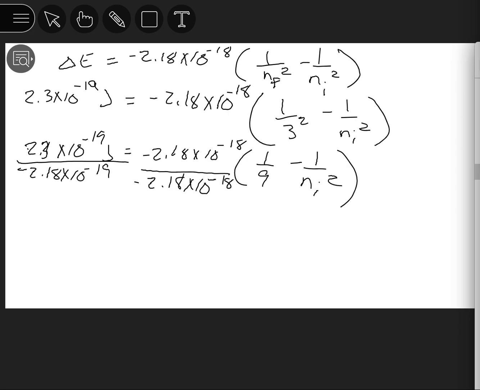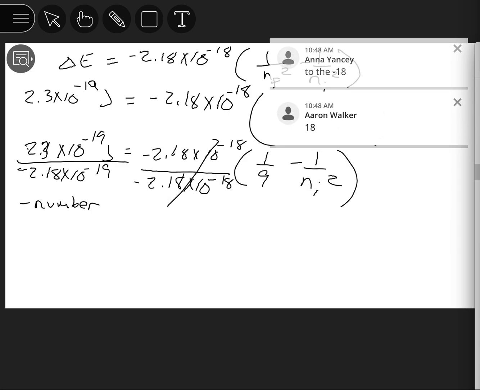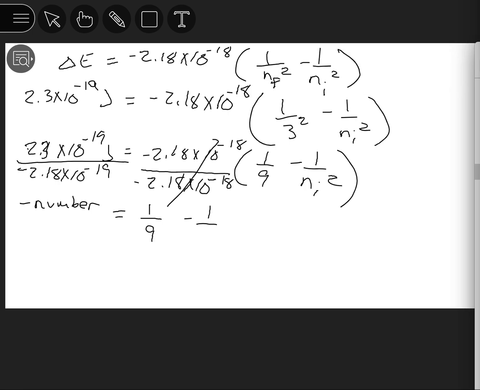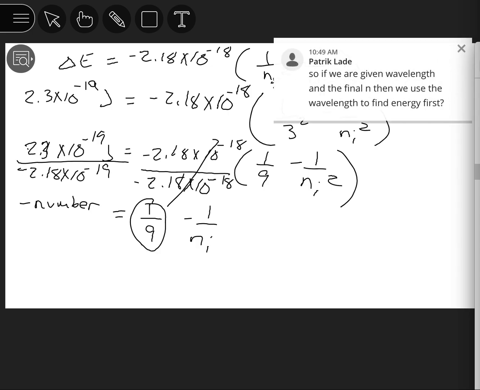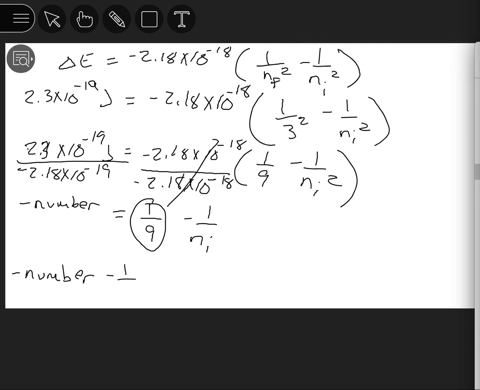And then that's going to give you a negative number. I'm just going to call this negative number to save time and not put it in the calculator. That cancels. And then it becomes 1 over 9 minus 1 over n initial. So I'm going to subtract this from both sides. So my negative number minus 1/9 equals 1 over n initial squared.